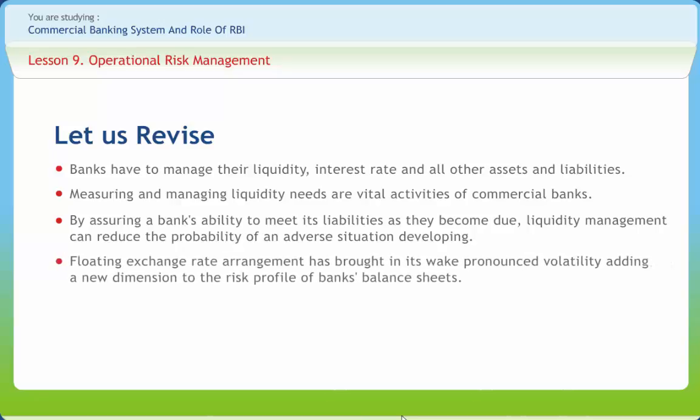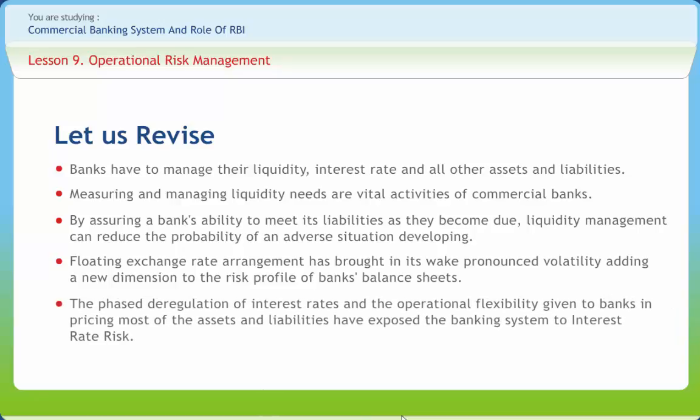Floating exchange rate arrangement has brought in its wake pronounced volatility, adding a new dimension to the risk profile of banks' balance sheets. The phased deregulation of interest rates and operational flexibility given to banks in pricing most of the assets and liabilities have exposed the banking system to interest rate risk.